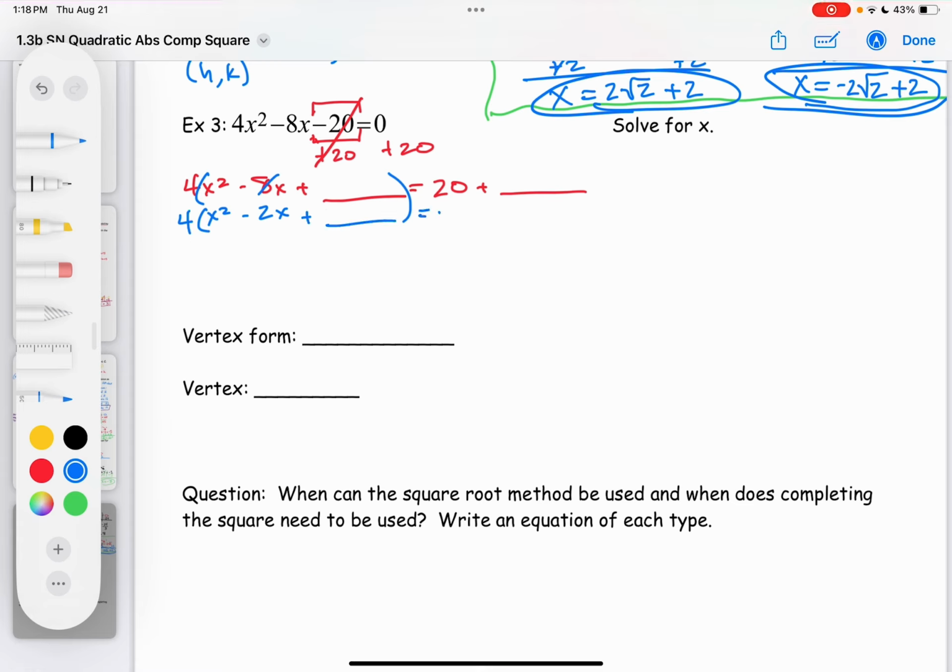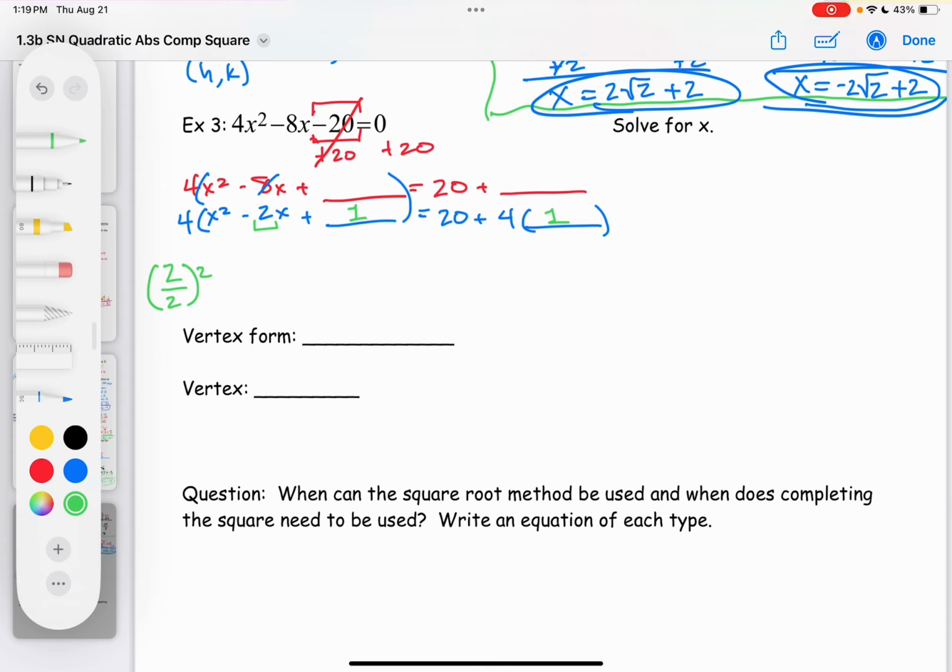Got to do it on both sides. Figure out what number goes in the blank. Use that B value: 2 over 2 squared. 1 squared is 1, so I'm going to add 1 to both sides.